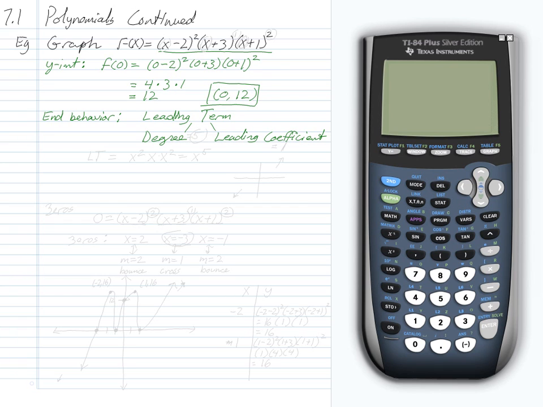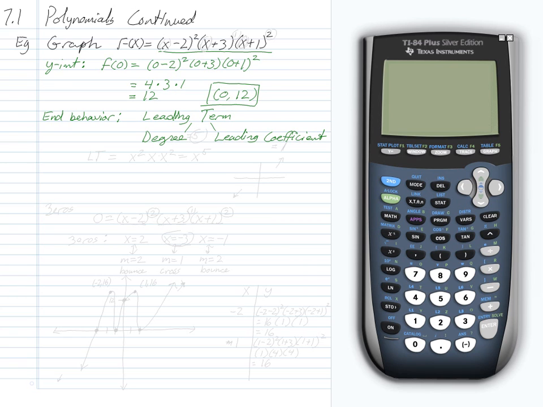Both of those are necessary to determine what the end behavior is. Remember, the degree tells us whether the polynomial goes up in both directions or down in both directions, or if it alternates, if it goes up to the right and down to the left, or down to the right and up to the left. And then the leading coefficient will tell us which of those choices we need to choose.